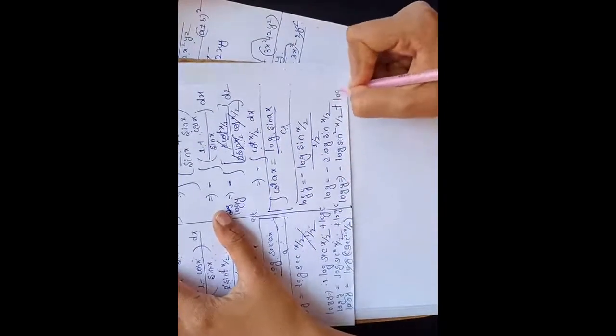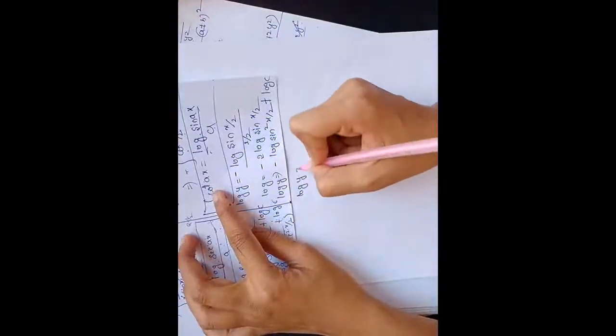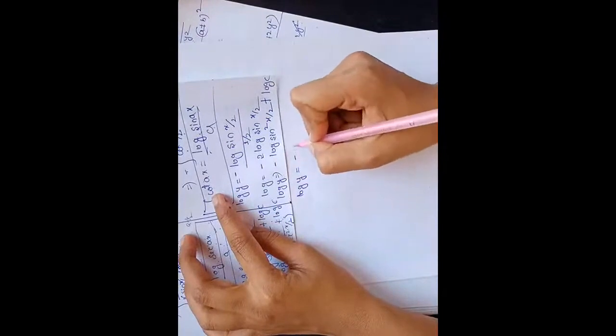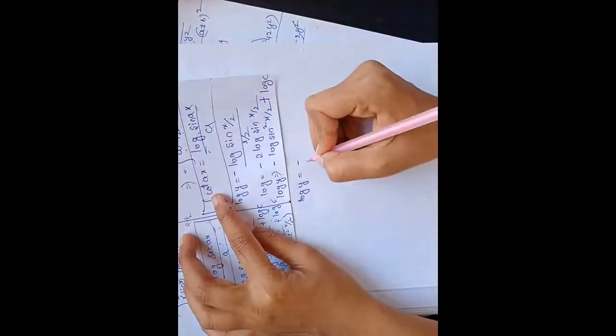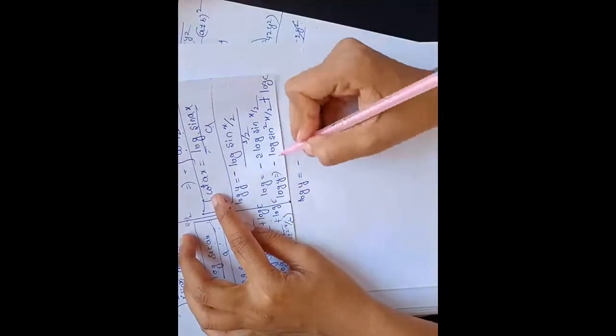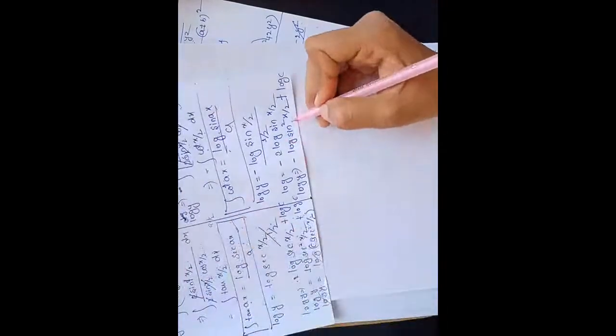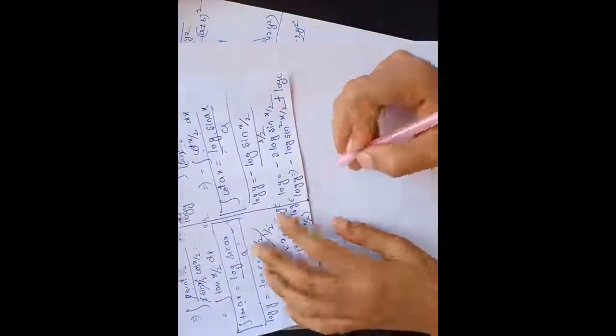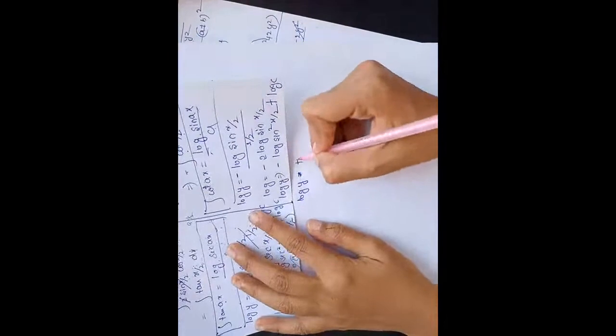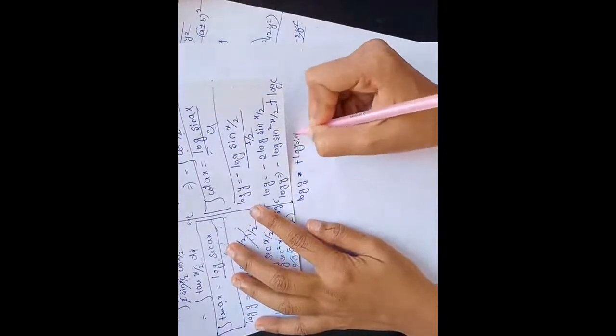Now take the minus log sin square x by 2 to the left hand side. It will become positive: log y plus log sin square x by 2 is equals to log c.